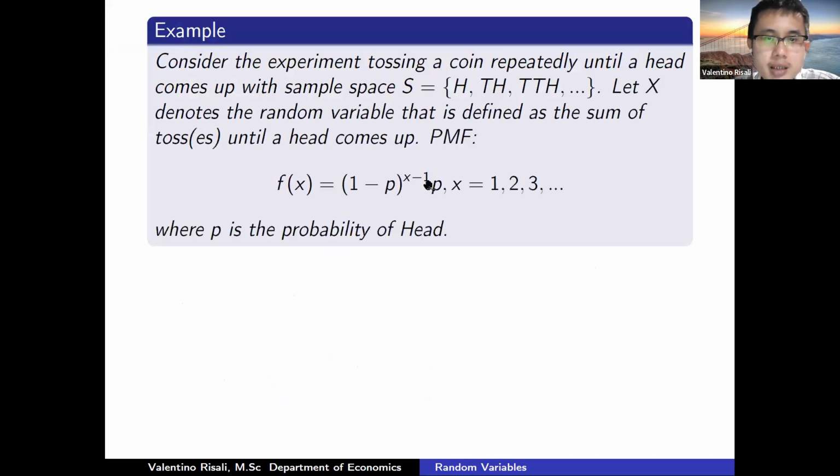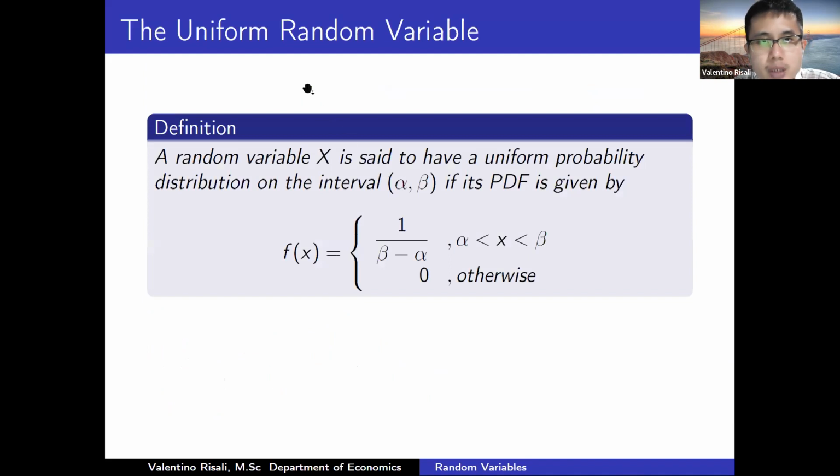This is the explanation. And then we move to the second type, the continuous case. The first special random variable is the uniform in the continuous sense, a random variable which has a PDF like this formula.